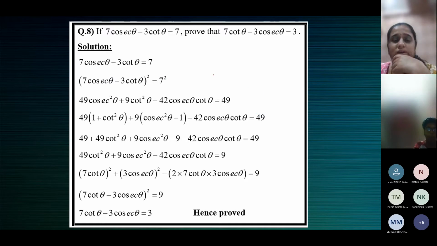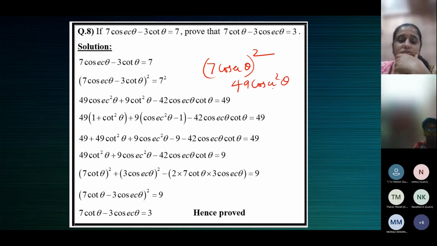Whatever is A, that full thing should be squared. So 7 square is 49 cosecant square theta. So this is A and square. So put a square here. Whatever is A, that entire thing should be squared.